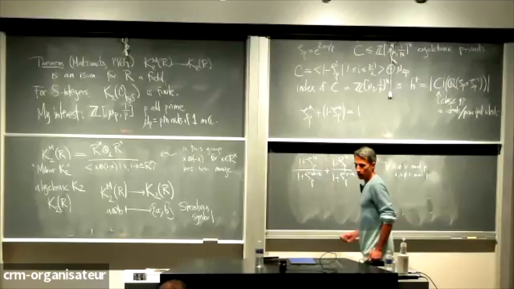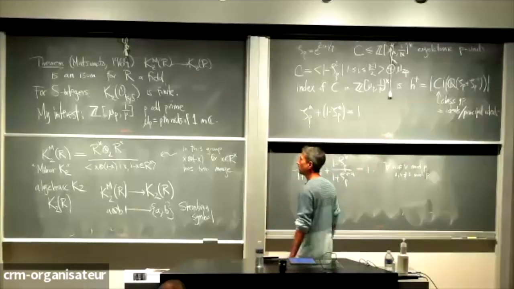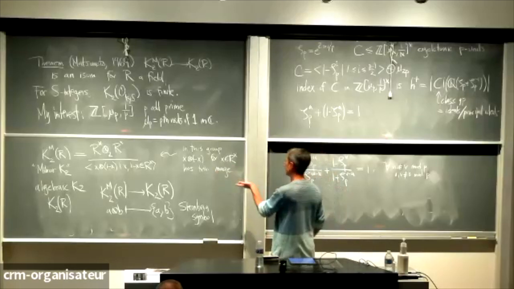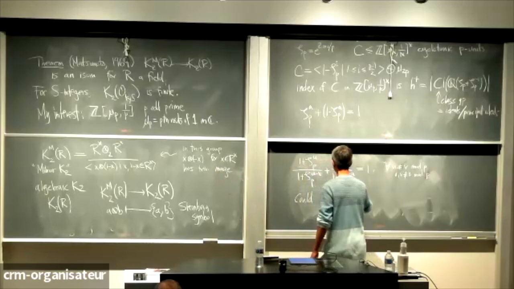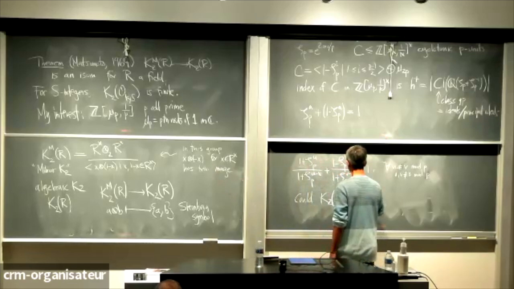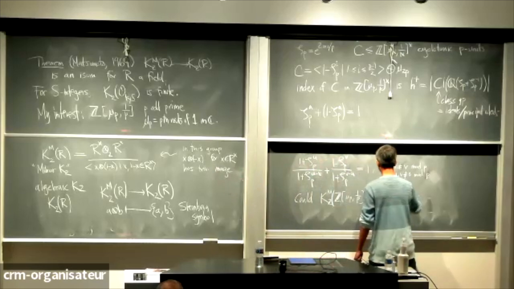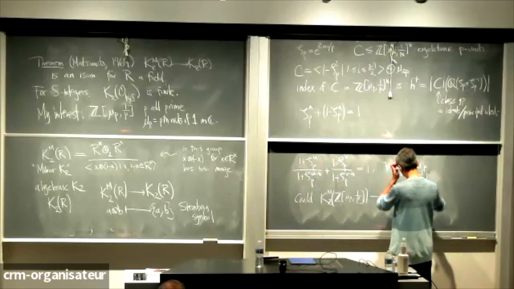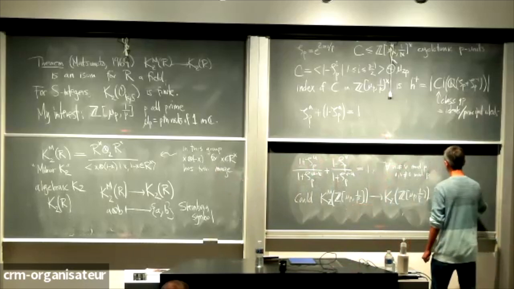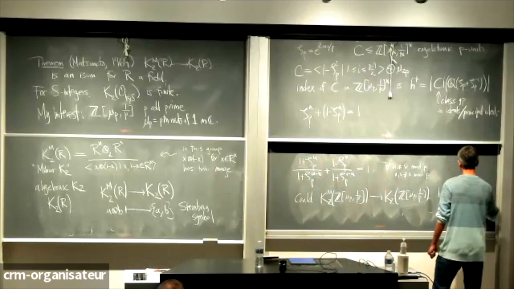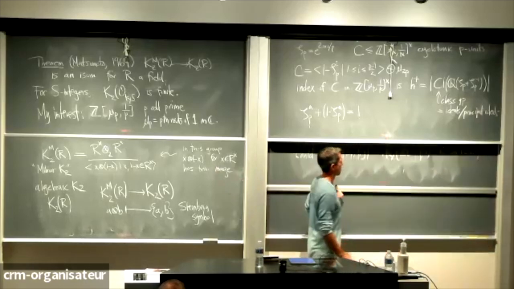Okay, so here's a question: with so many relations, could this map from K2 of the ring Z[μ_p, 1/p], Milnor K2, to K2 of Z[μ_p], which also has a lot of generators, at least be injective, or be an isomorphism? And I don't know the answer, but I'll talk more about it.